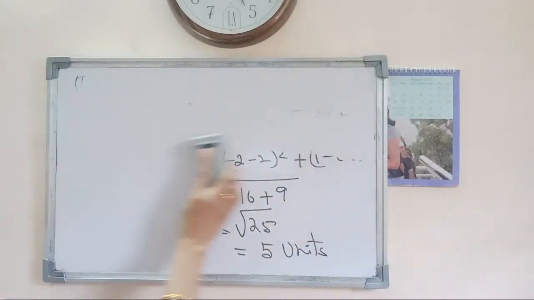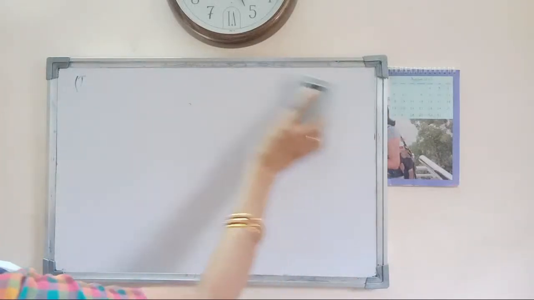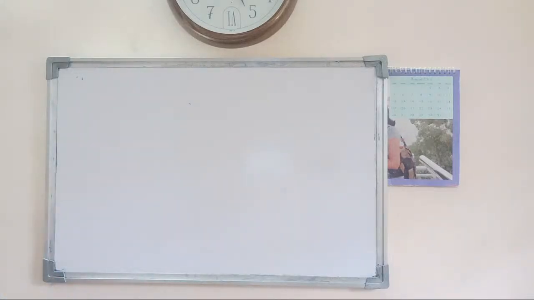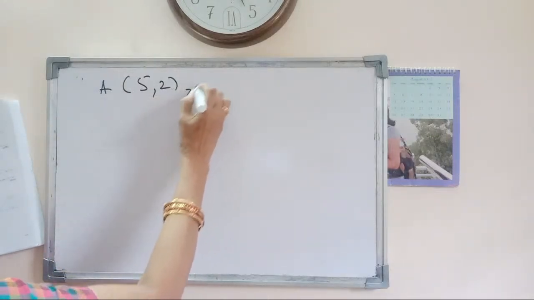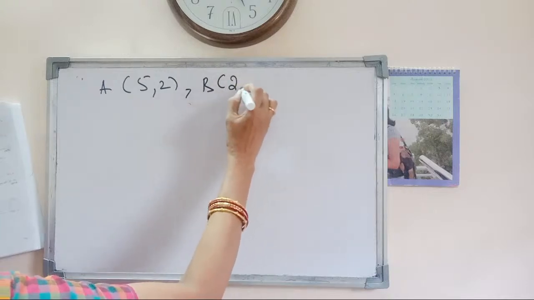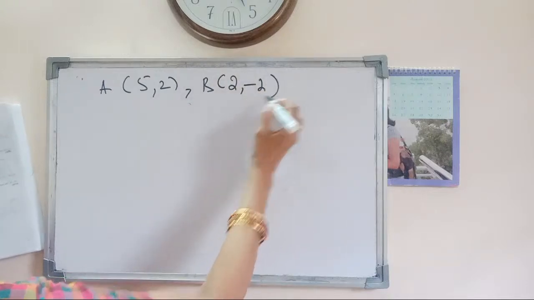In the beginning, try to write the formula for each question. Find the distance between the points A 5 comma 2 and B 2 comma minus 2.